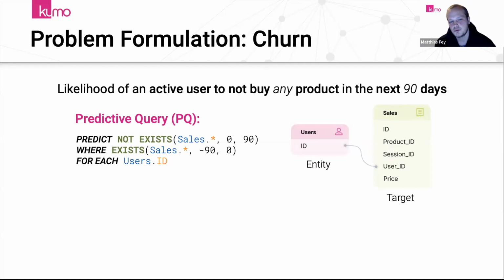But we only want to predict on active users, which means we have a where clause that says that there needs to exist a sales event in the previous 90 days. And we actually want to predict that for each user in our user table.